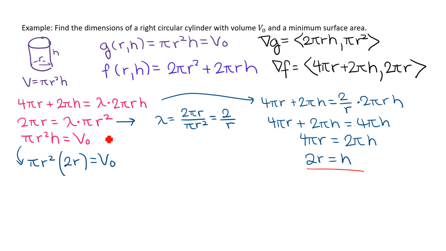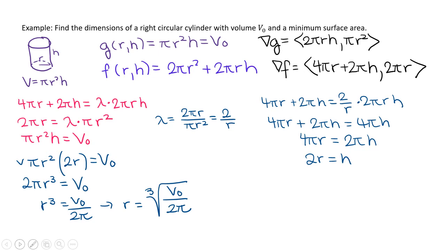And then finally, I'm going to take that h equals 2r and plug it into my constraint, my third equation. So pi r squared times 2r has to equal v naught. So that would be 2 pi r to the third equals v naught.